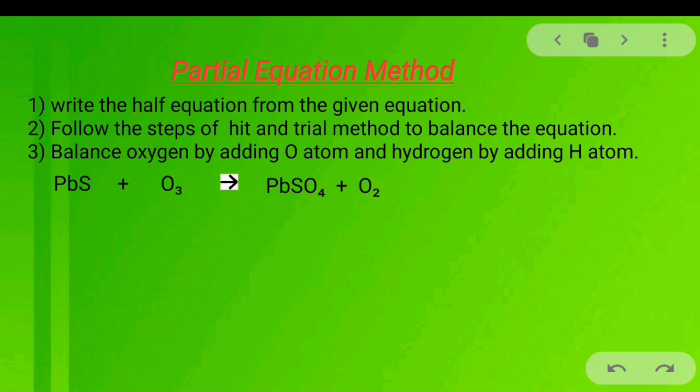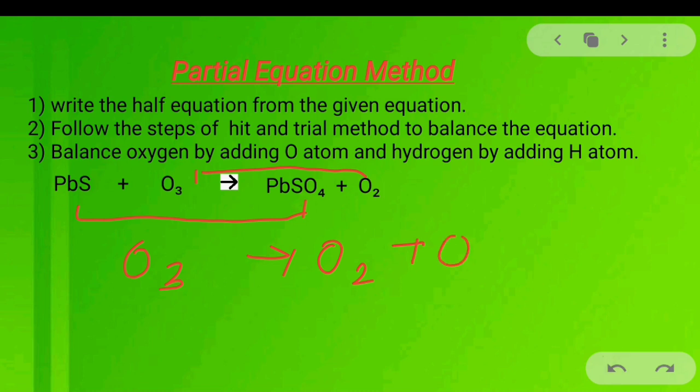So the first step is, I can see here PbS can produce PbSO4 and O3 can produce O2. Now let us write the half equation for it. Half equation is that from O3 you will get O2. So to balance the extra oxygen, you need to write the oxygen atom.